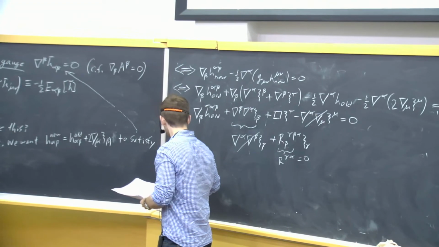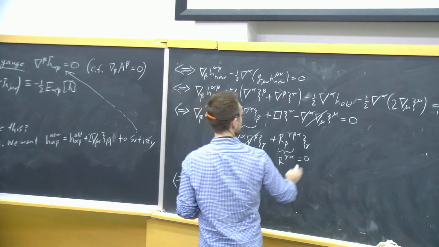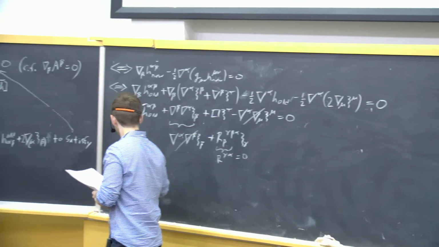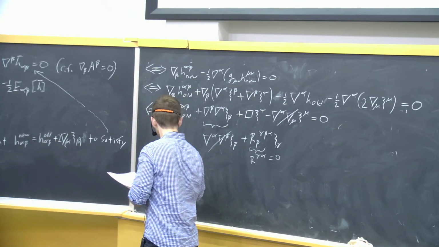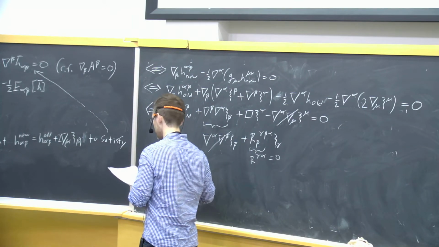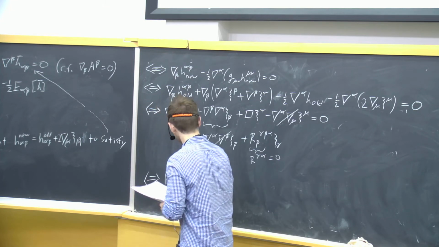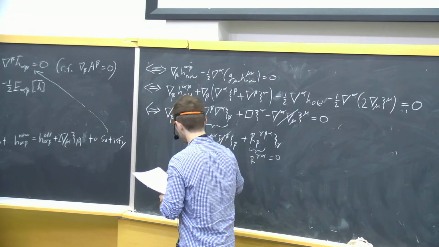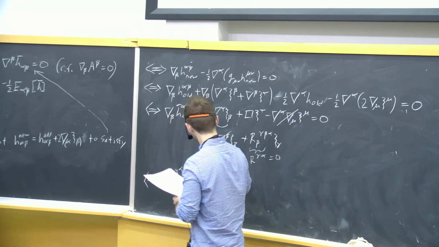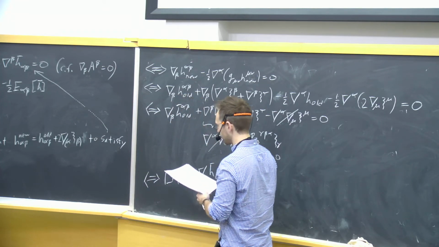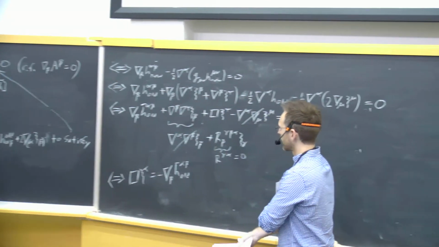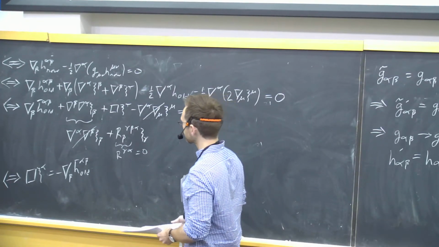And what we're left with is that this whole thing is equal to 0 if and only if the box of xi is minus the divergence of the trace-reversed perturbation in the old gauge.